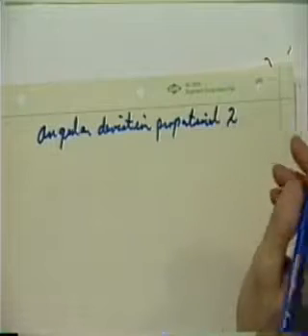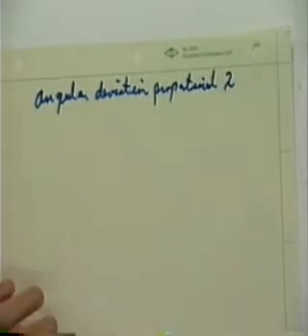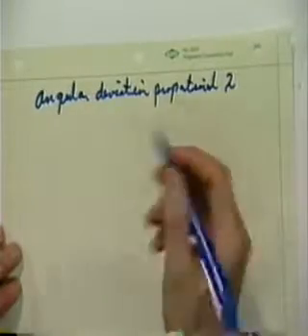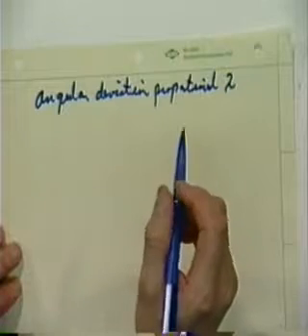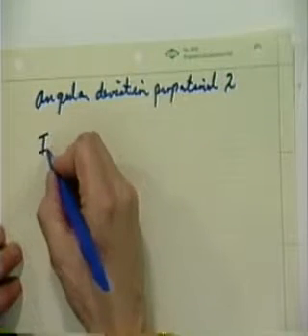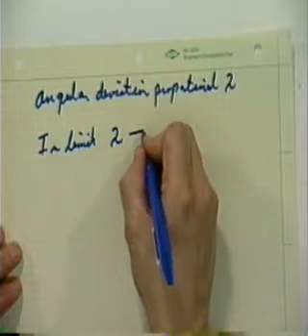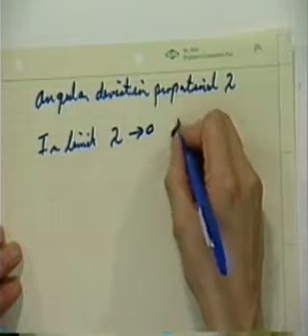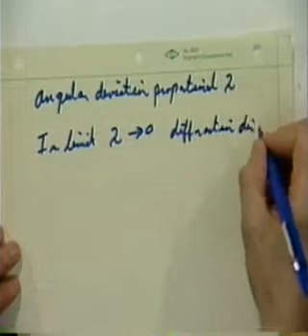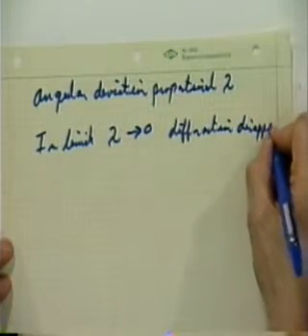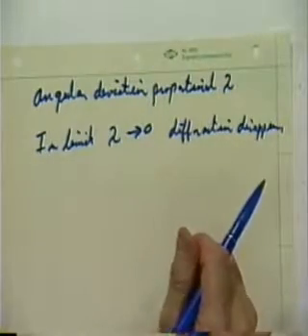But they still are very, very noticeable. And as we go through this derivation for diffraction, it will turn out that in the limit that we let the wavelength go to 0, diffraction will disappear, and we will get geometrical optics back again.